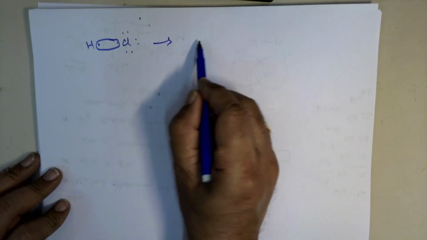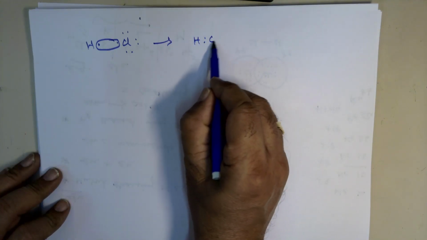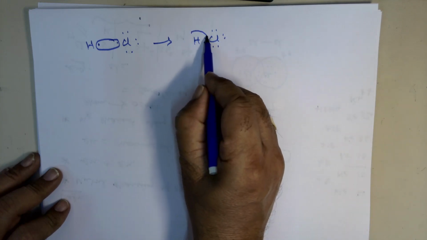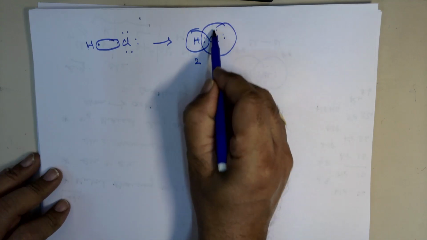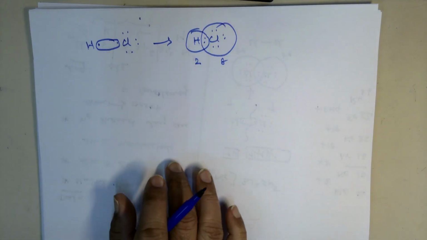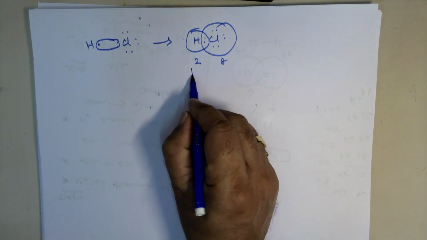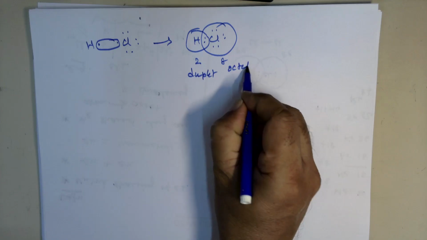So here it forms H bond Cl. Now in that case, hydrogen has 2, and what about chlorine? It has 8. So thereby they attain the stability. So here it is called duplet. So duplet is stable, octet is stable.